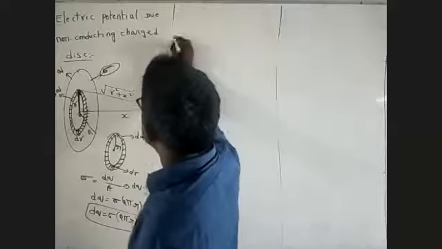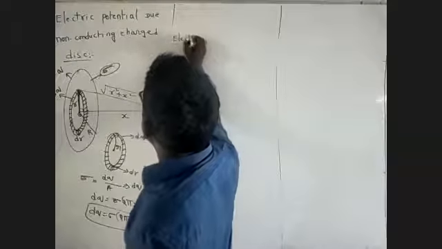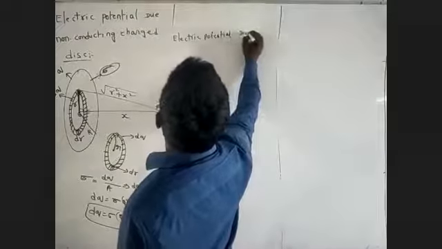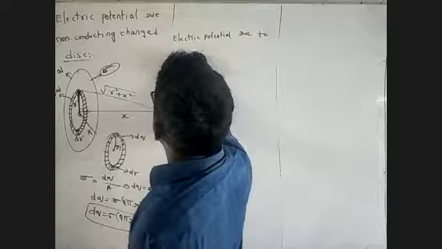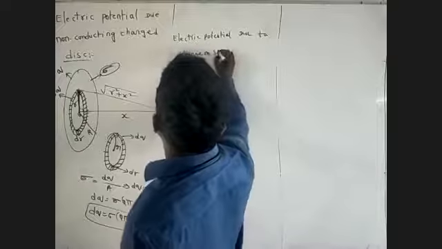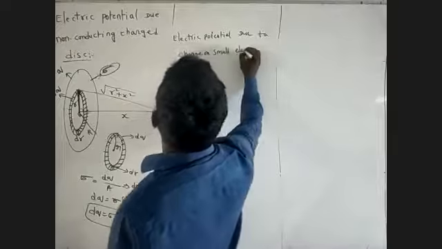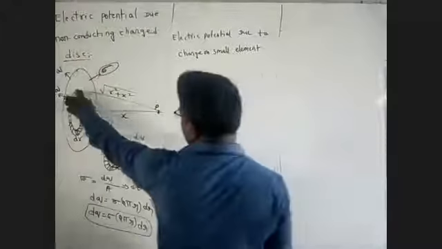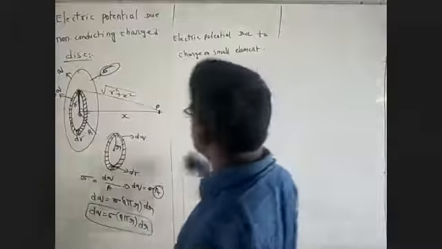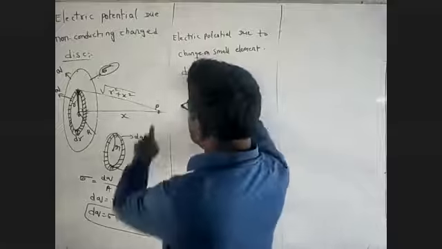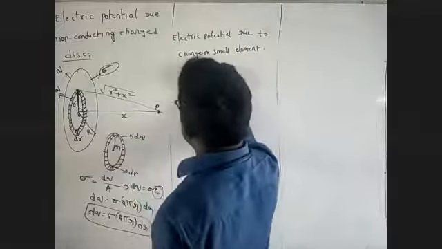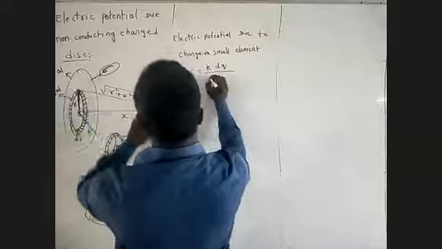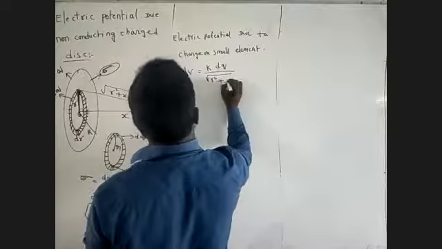So dV, the small potential, is equal to K dq by the distance, which is root of r square plus x square.